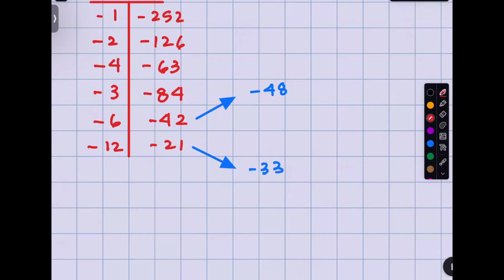So that means negative 43 is in here somewhere. Does that make sense? Is it closer to 48 or 33? To 48. So if it's closer to 48, then I'm going to start here and try negative 7, negative 8, negative 9. Is that fair? So what does negative 7 give me?